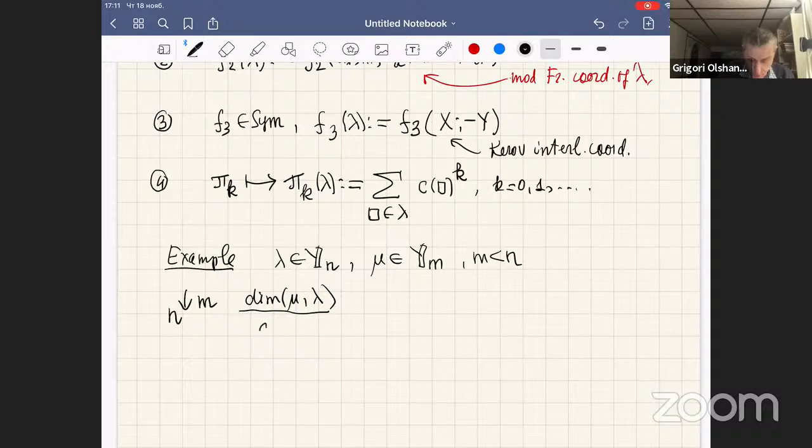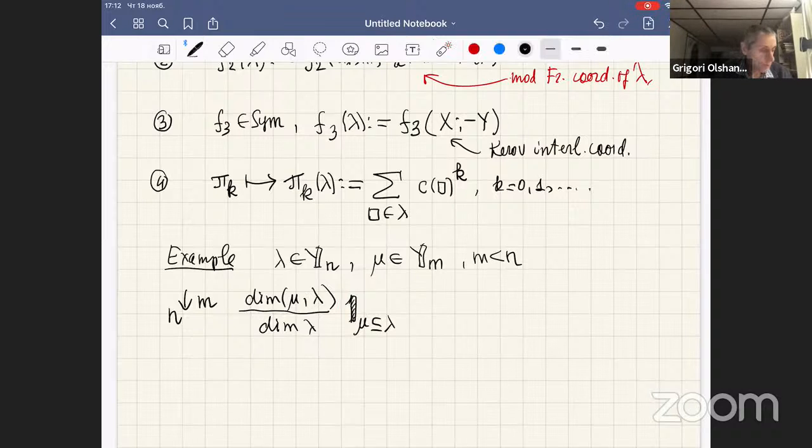divided by dim lambda, and maybe it's better to put here a symbol indicating that it's equal to 1 if mu is contained, 0 otherwise.